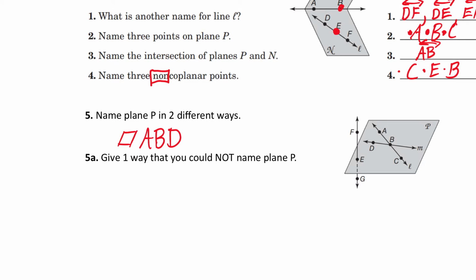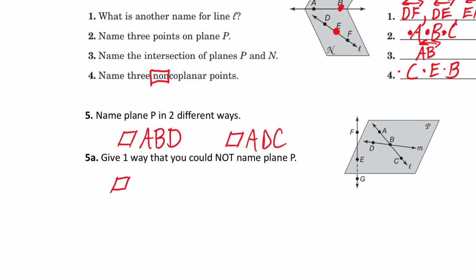That would work. Or we could call it plane ADC. Now the next one says give one way. We're actually going to give 2 different ways. What are 2 ways that you could not name plane P?